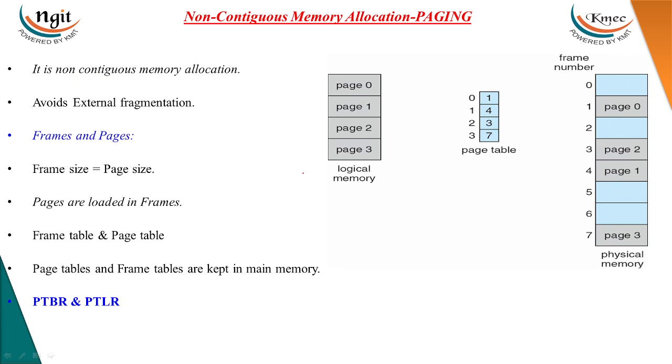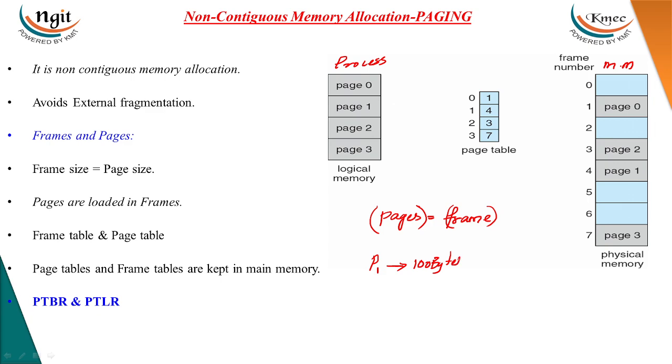This is your process. But there is a condition in dividing into pages and frames: the size of the page should be equal to the size of the frame. Both should have the same size. Suppose a process p1 is 100 bytes.